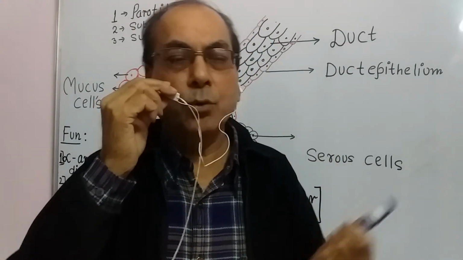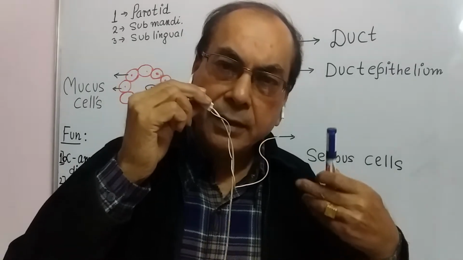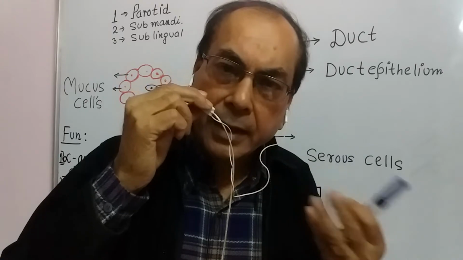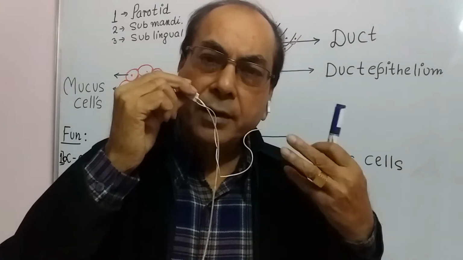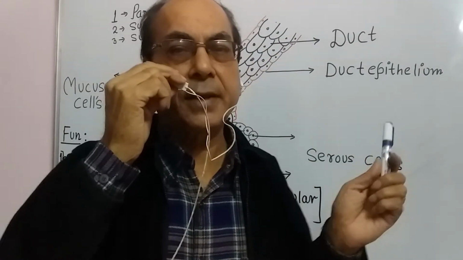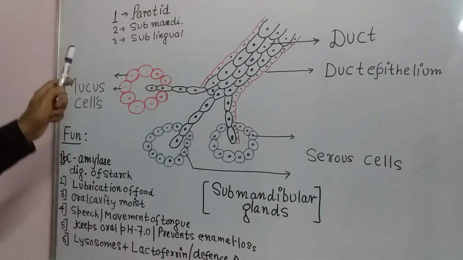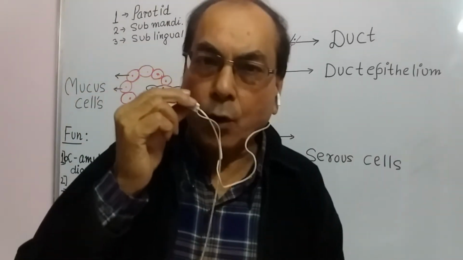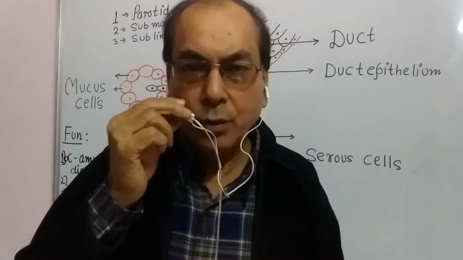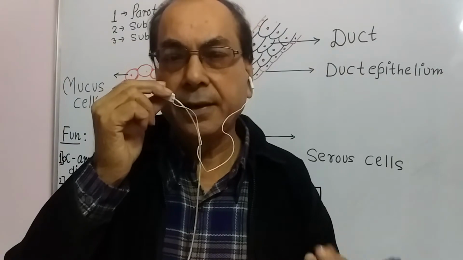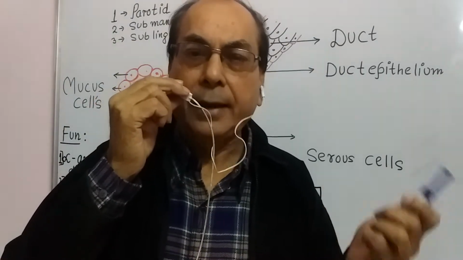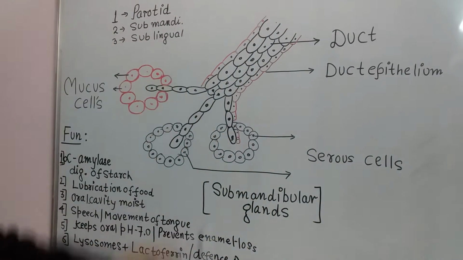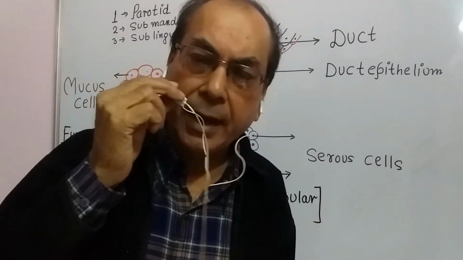Now let us come to know what types of salivary glands are present, what is their classification, or what different types there are. The first type, the largest salivary gland, is called the parotid. These are two, one on each side near the ear. The second is called the submandibular salivary gland.